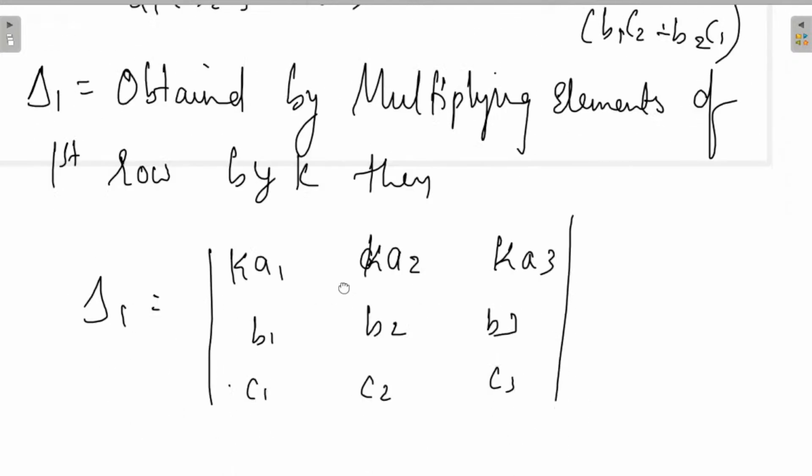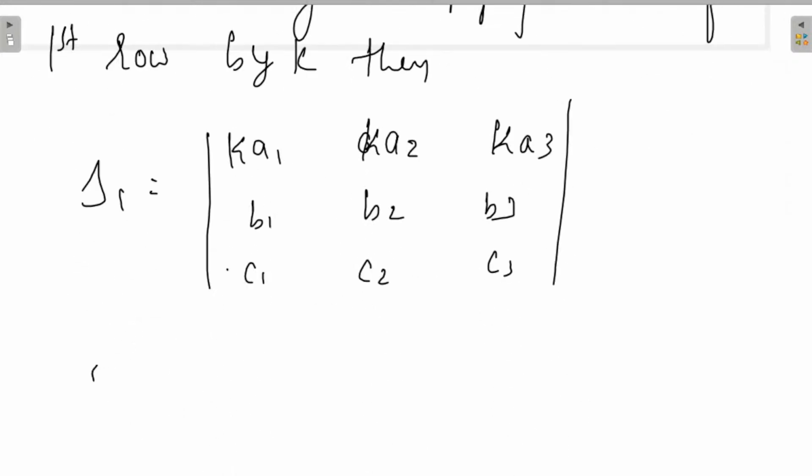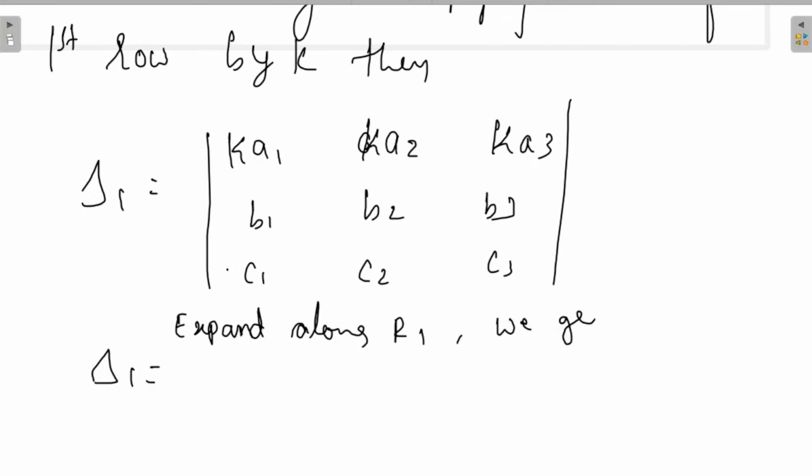Now here if you find this determinant, as you will expand along first row, you should write, it is very important, where you expand. Expand along R1, we get, so now here plus minus plus, so here k a1 will be what?